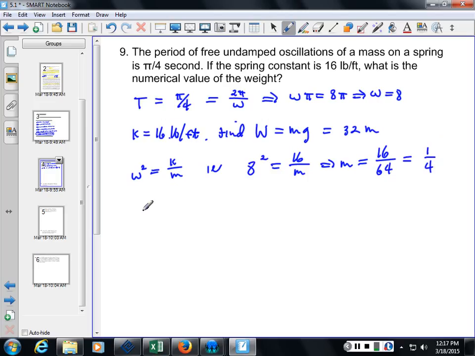So now if the mass is equal to that, I'm looking for the weight. That's the mass in pounds. So this is 1 over 4 times 32. And so you get 8 pounds for the weight.